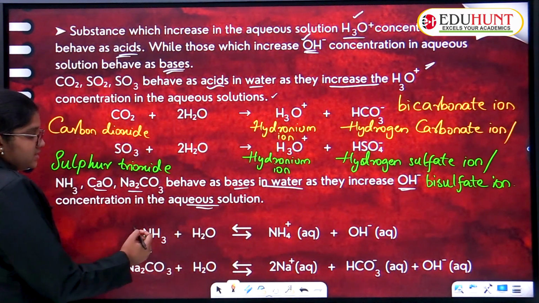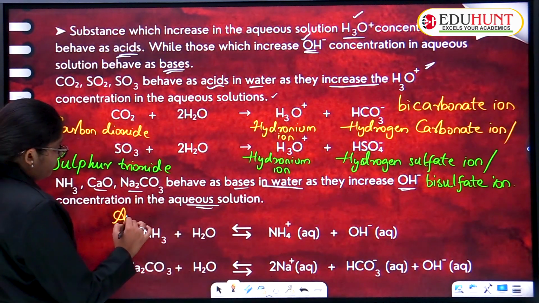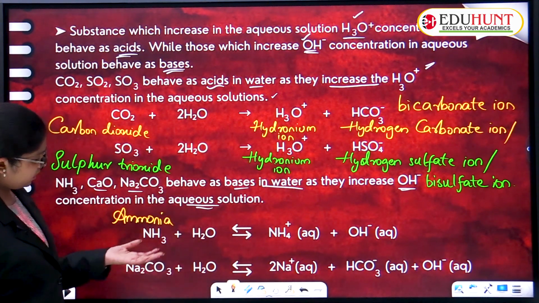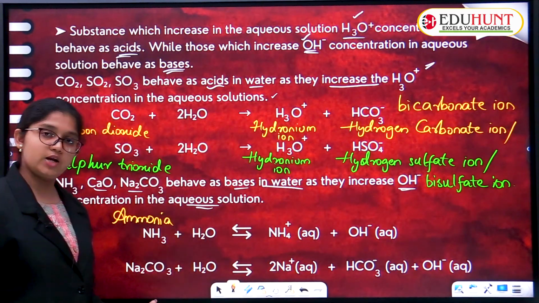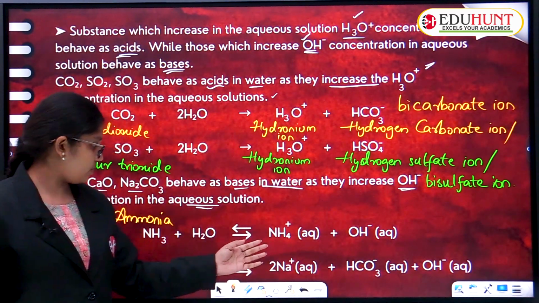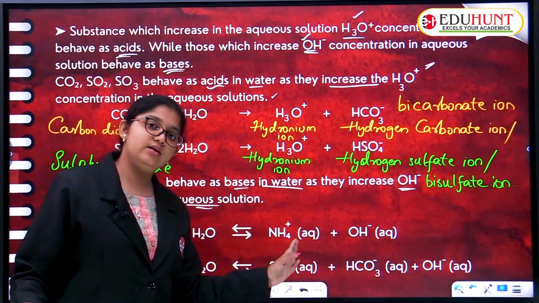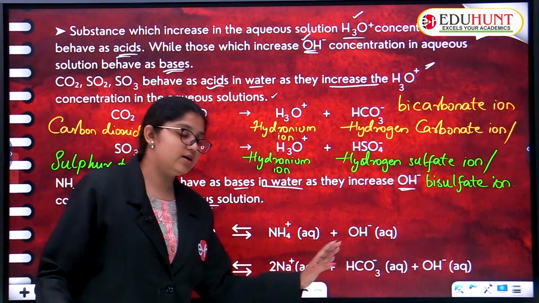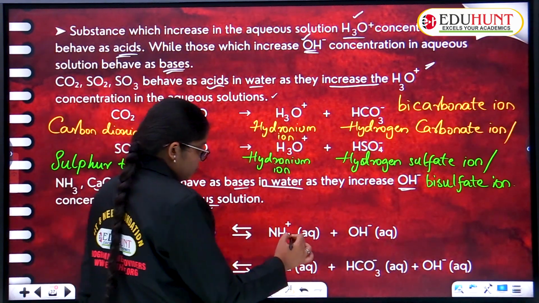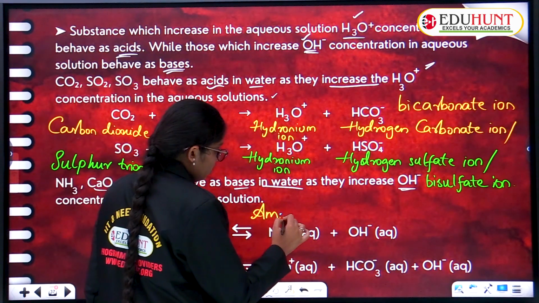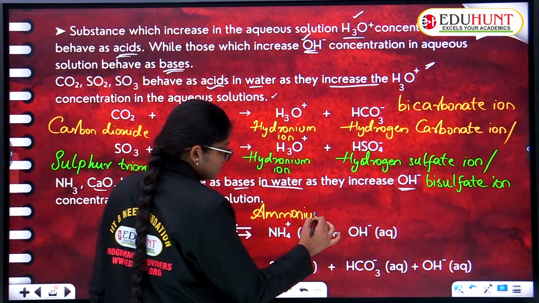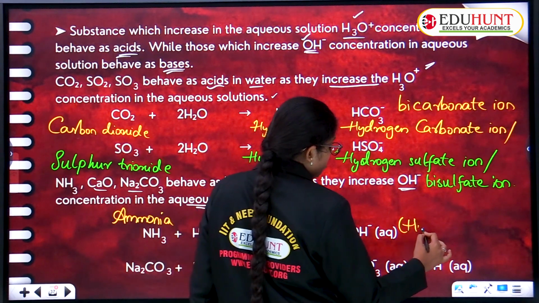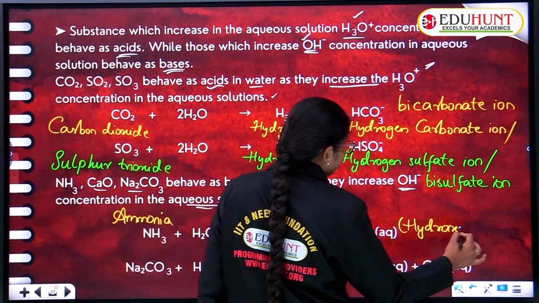So NH3 is ammonia, and to this if I add one molecule of water, what happens? It liberates NH4 plus in aqueous solution, and also OH minus, very important is OH minus. NH4 plus is the ammonium ion. Which ion, children? Ammonium ion. And what is this? Hydroxyl ion.